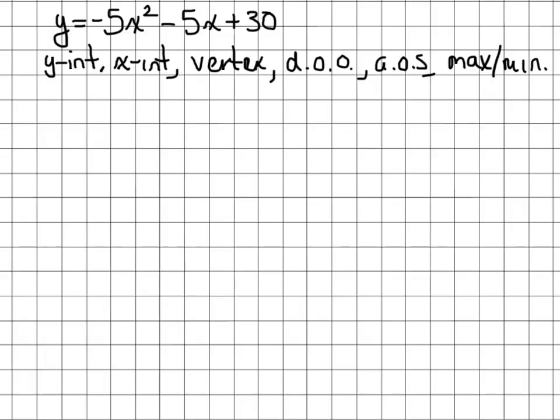So please pause the video, try it, and then you can check your work once you're finished, or if you get stuck, you can play the video until it helps you get things resolved.